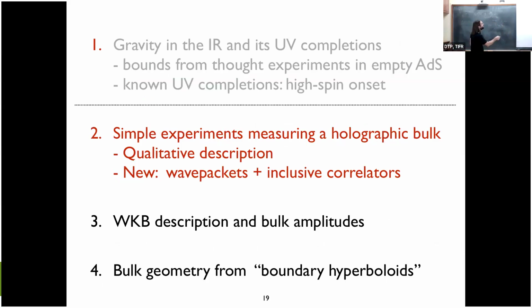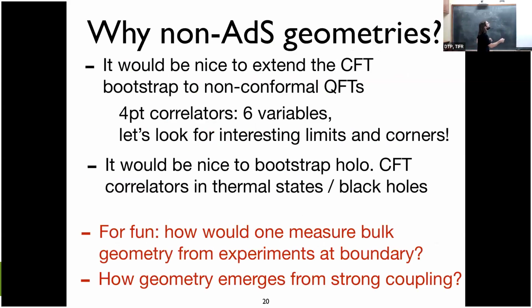So the first part was about things we can understand from simple experiments in flat space. And it's very interesting to study non-AdS geometries. So for example, can we bootstrap non-conformal theories, which, if they were holographic, would be dual to some geometry that is not AdS? Or if you have a conformal field theory that's dual to AdS, maybe you're interested in thermal states, and then you have some black hole geometry, but still asymptotically AdS.